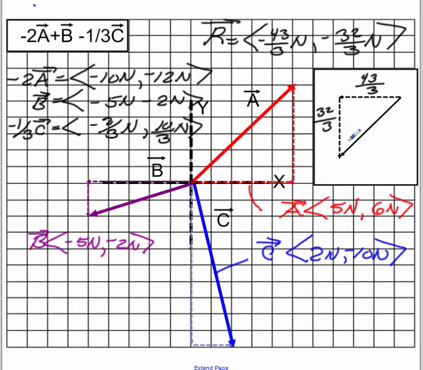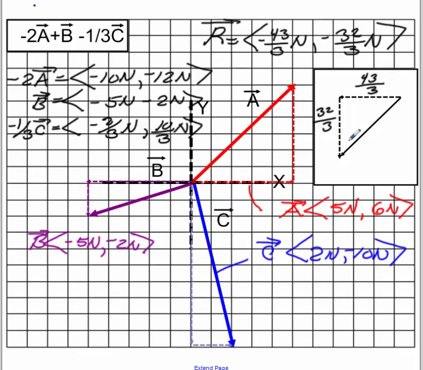At this point, we can go right to Pythagorean Theorem. If you have a negative, like a negative 43 over 3, make sure you put that in parentheses. So 43 divided by 3, I'm going to square that, plus in parentheses 32 divided by 3. I'm dropping negatives. Square that. I'm going to take the square root of that.